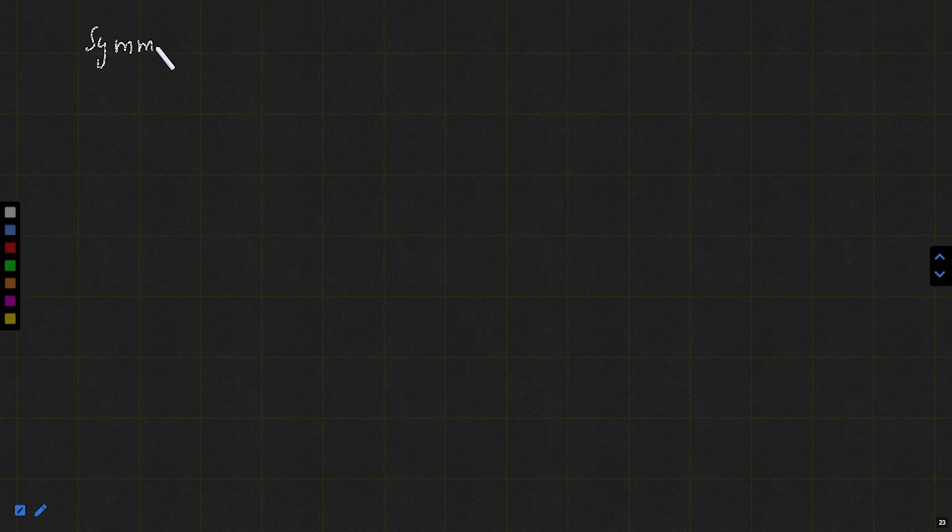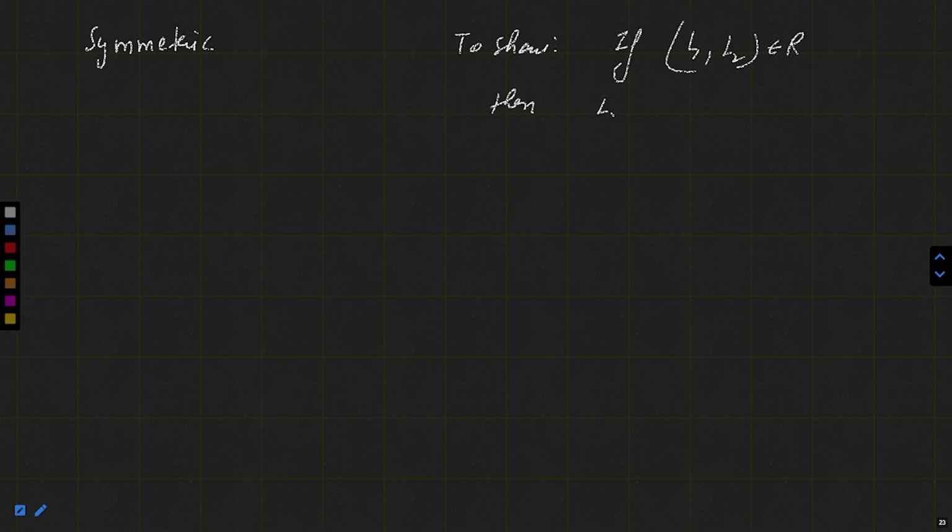So for symmetric, we need to show that if (L1, L2) is in relation R, then (L2, L1) must also be in R. The given thing is that (L1, L2) belongs to the relation R. From this you can say that L1 is parallel to L2.